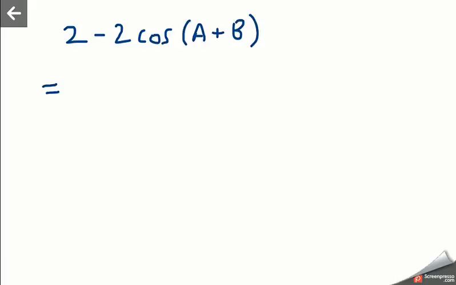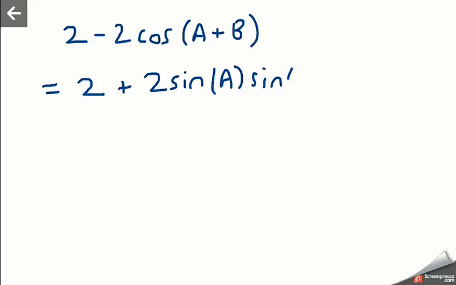So what we have is 2 minus 2 times cosine of a plus b, and we just worked out that this is equal to 2 plus 2 sine of a times sine of b minus 2 times cosine of a times cosine of b.